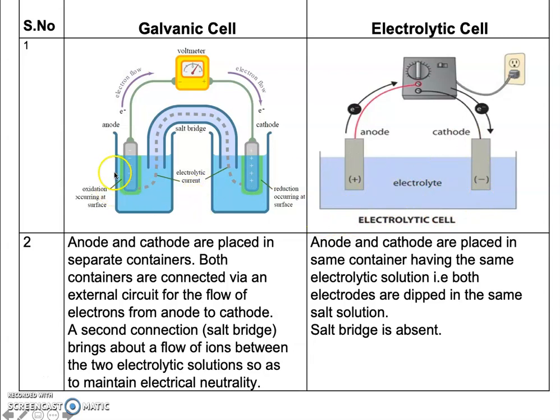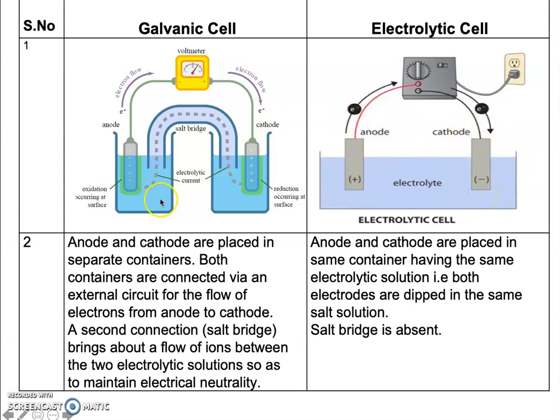Now the second most striking and distinct difference is that the anode, you can see in the galvanic cell, is a negative electrode, whereas the cathode is a positive electrode. Now in the case of an electrolytic cell, you can see that the sign has changed. That means the anode is a positive electrode here and the cathode is the negative electrode.